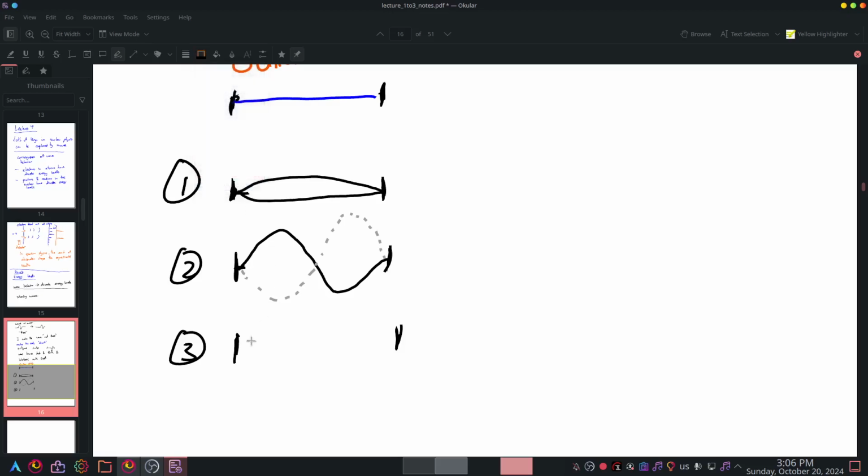There's no vibration there. But in the center, you can have a certain number of peaks and troughs.